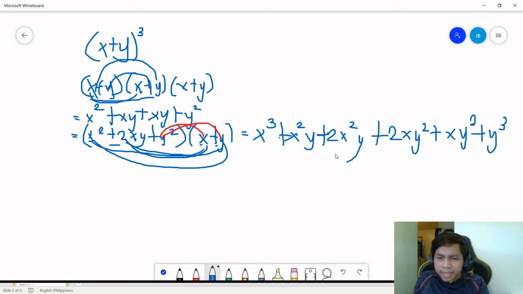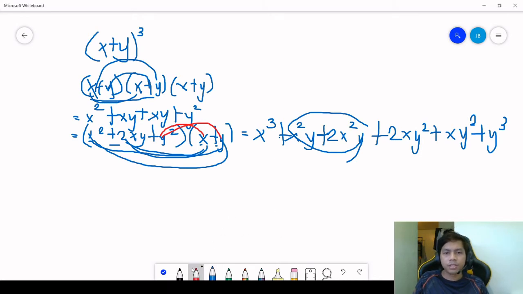Now, let's combine like terms. x squared y and x squared y are the same, so that's 1 plus 2. So x cubed plus 3x squared y.